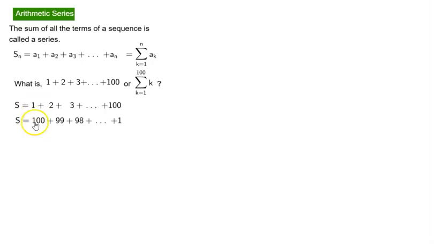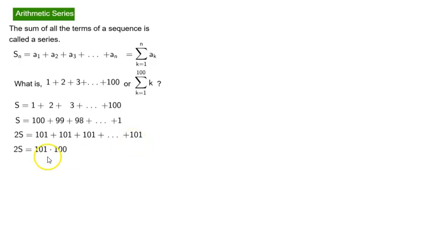We add these two. What do we get? We get 2S is equal to 101, 99 plus 2, 101, 98 plus 3, 101, and so on up to 100 plus 1, 101. So how many times does this 101 appear? It appears 100 times.